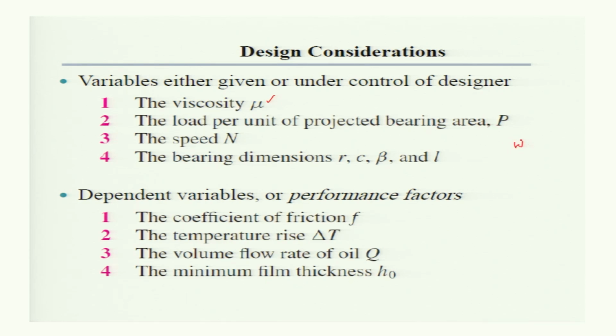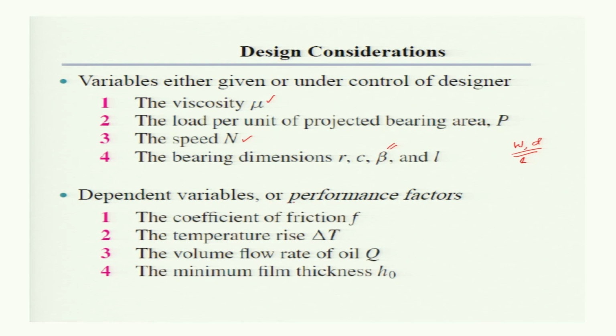It is as per the design of the shaft and bearing system, and D is also not in control, but by taking the L you can change the value of P and others. The speed will be given. The bearing dimensions R, C, beta and L. Beta will be 360 for the full journal bearing.